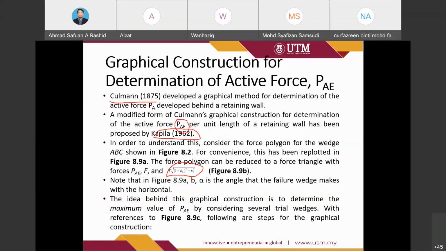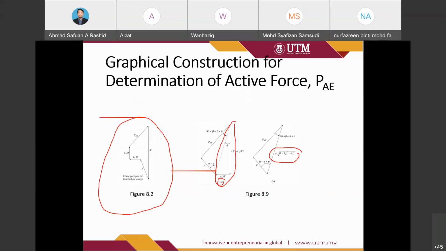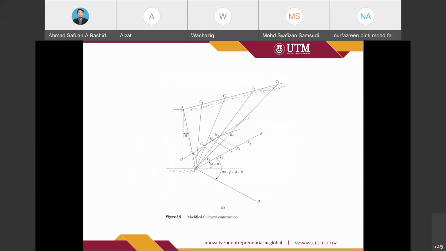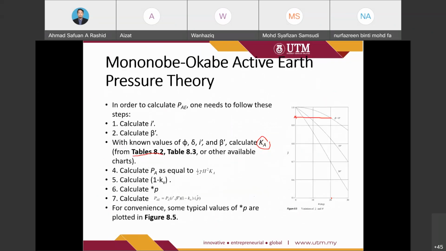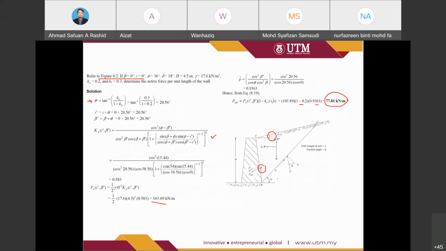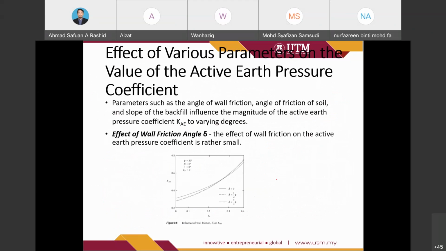Note that in figure 8.8b, alpha is the angle that the failure wedge makes with the horizontal. So the alpha that we see here is the alpha that we have discussed previously for the failure wedge.